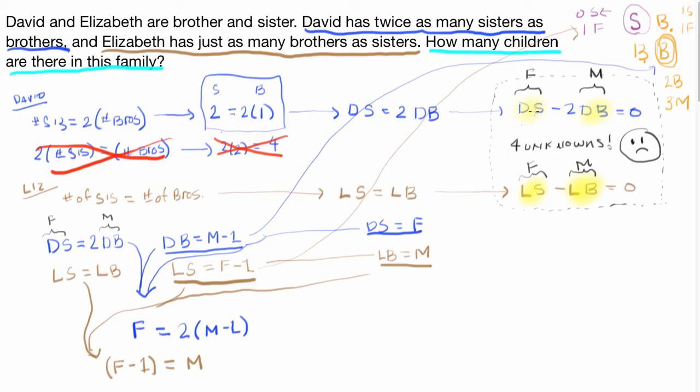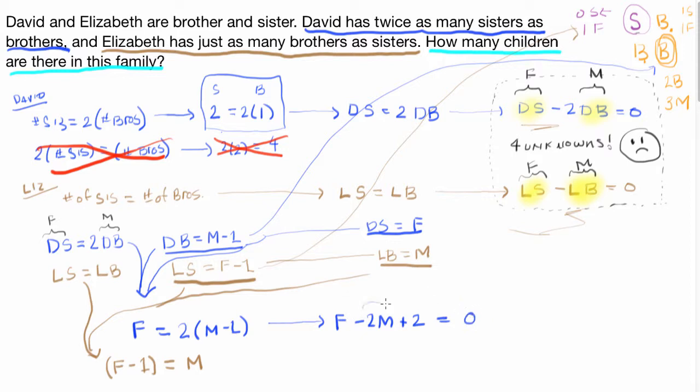This is why we were going to set them up like this over here. Now we set them up. And so what do we get? We get F minus 2m plus 2 equals 0.